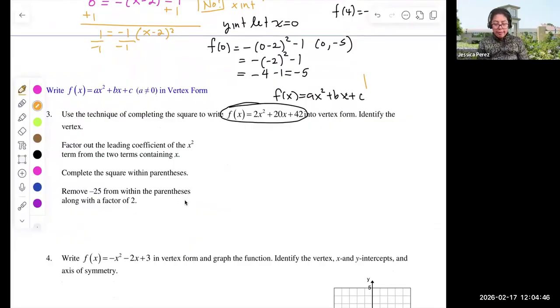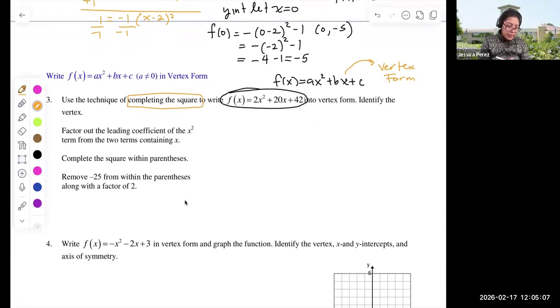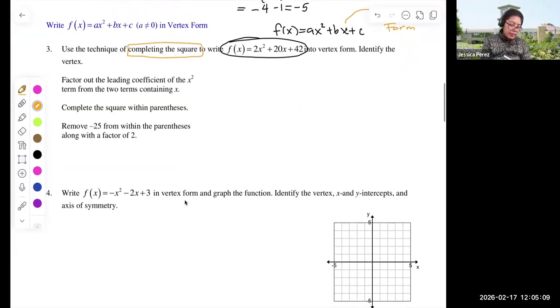We need to convert this general form into vertex form. And there are two techniques. One of the ways to do that is called completing the square. And there are different ways to do completing the square. There's a method that I use first, and we have to follow the steps.